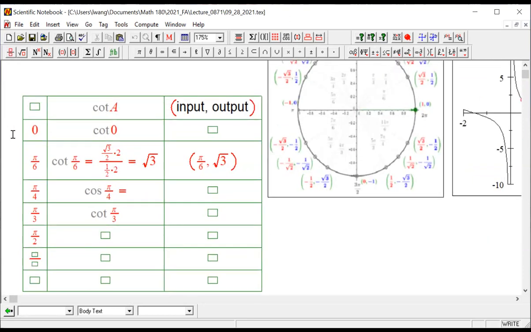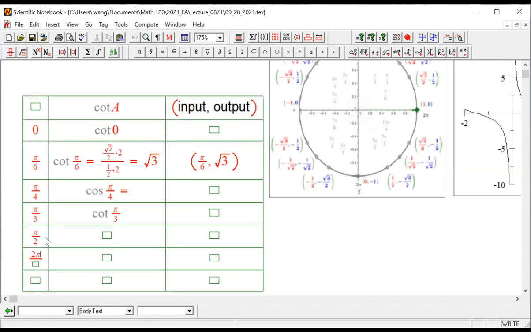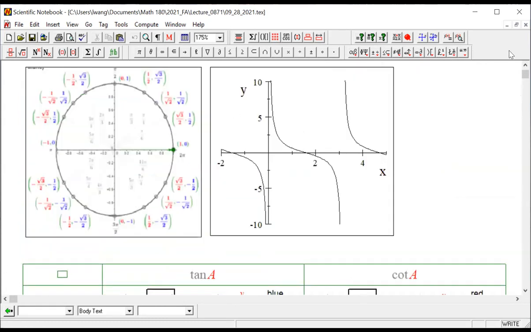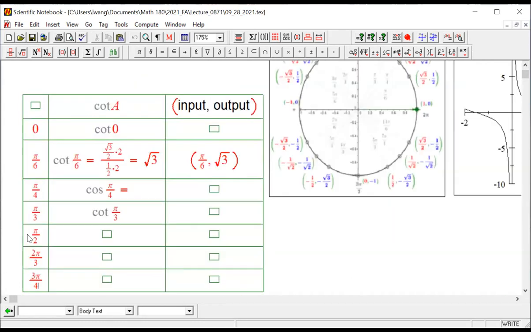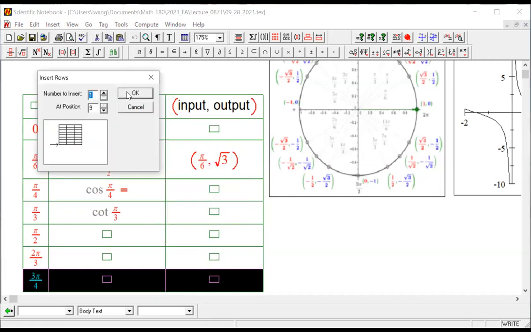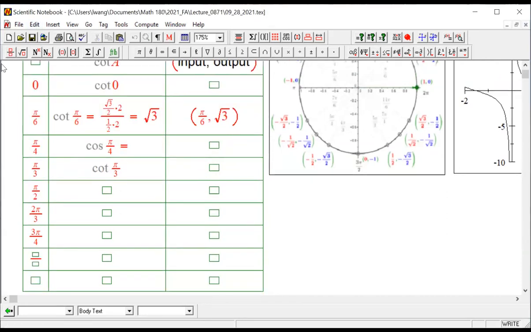When you're doing this, 2 pi over 3, 3 pi over 4, right? Keep going. Are you guys doing it? Right, this one would be 5 pi over 6.